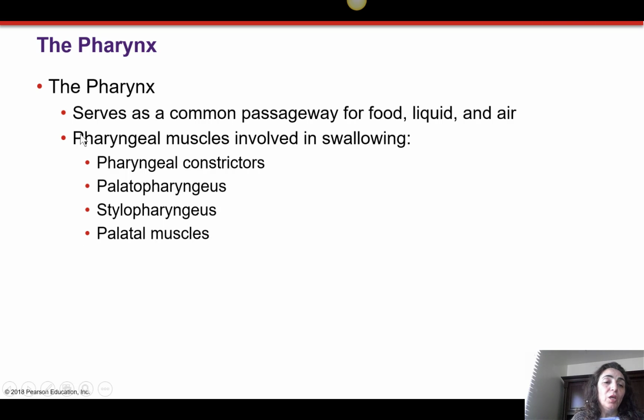The pharynx in general serves as a common passageway for food, liquid, and air altogether. And we have pharyngeal muscles that are involved in swallowing. We have four groups of muscles: pharyngeal constrictors, palatopharyngeus, stylopharyngeus, and palatal muscles.